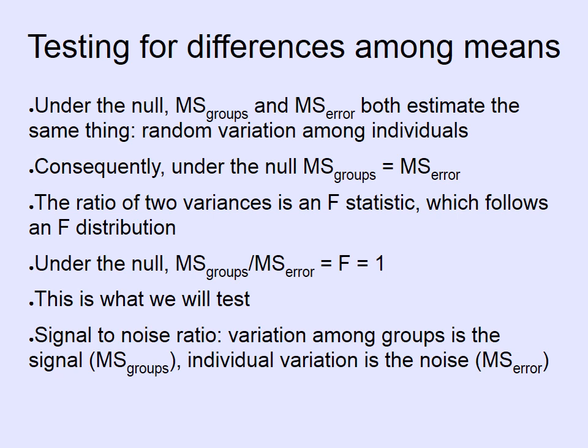Then we're testing, how far away is our F statistic from 1? Because we're going to get a probability associated with how far that F statistic is from 1 under the null. Again, I'm calling that the signal to noise ratio. If mean square groups is big, a lot of difference between means and the grand mean, that's going to make our F statistic larger versus the noise in the denominator, which is the individual variation within the groups.